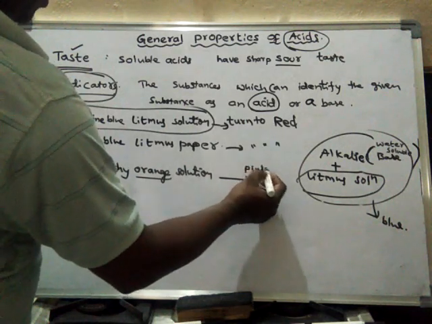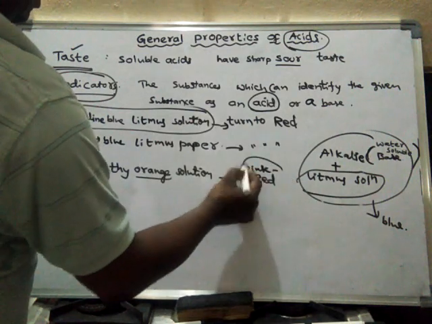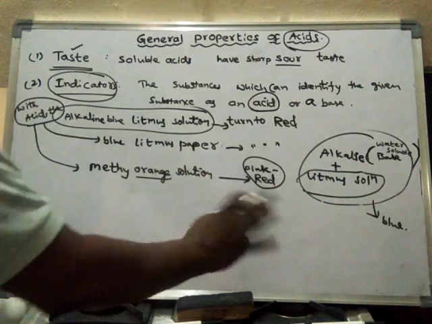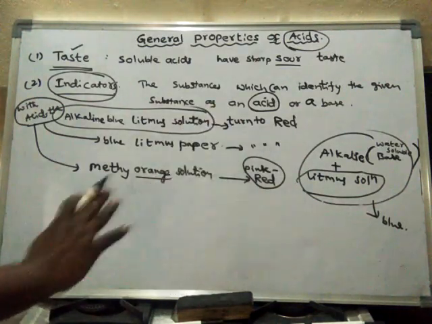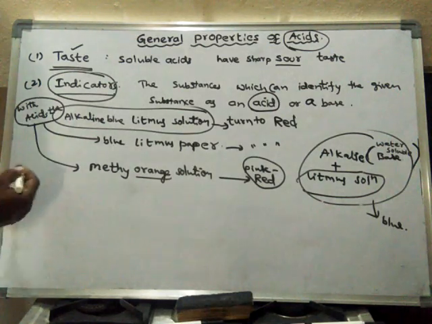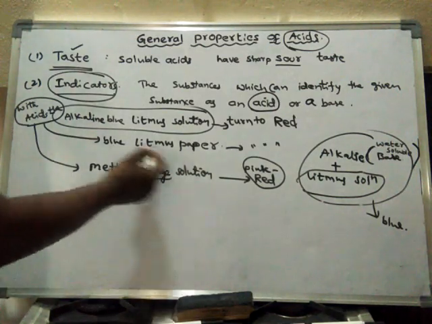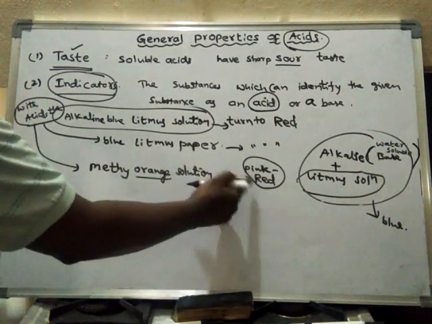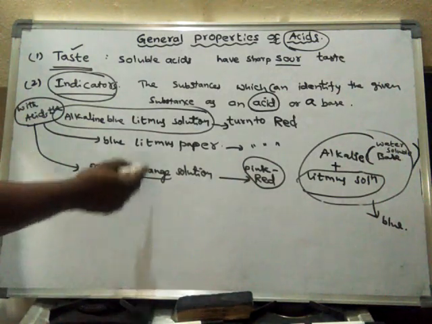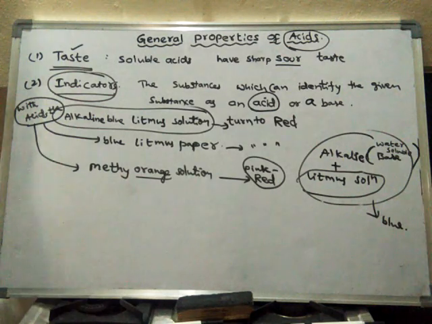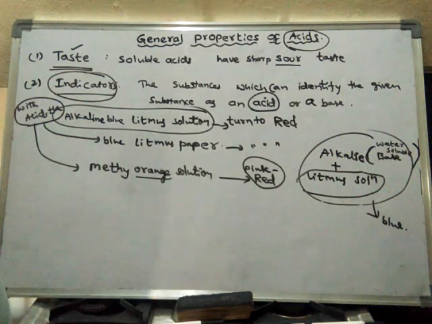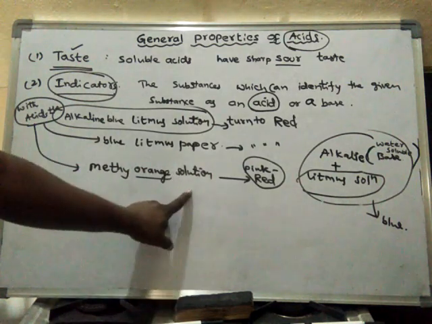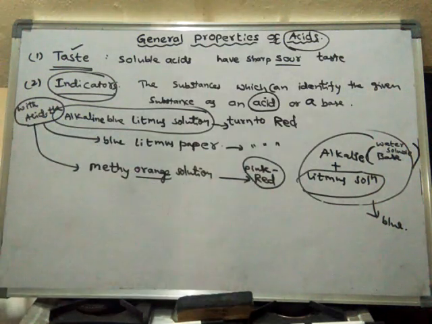The orange color is converted to a color ranging from pink to red. So if the methyl orange solution turns from orange to pink or red, it is understood that some acid is mixed with it.